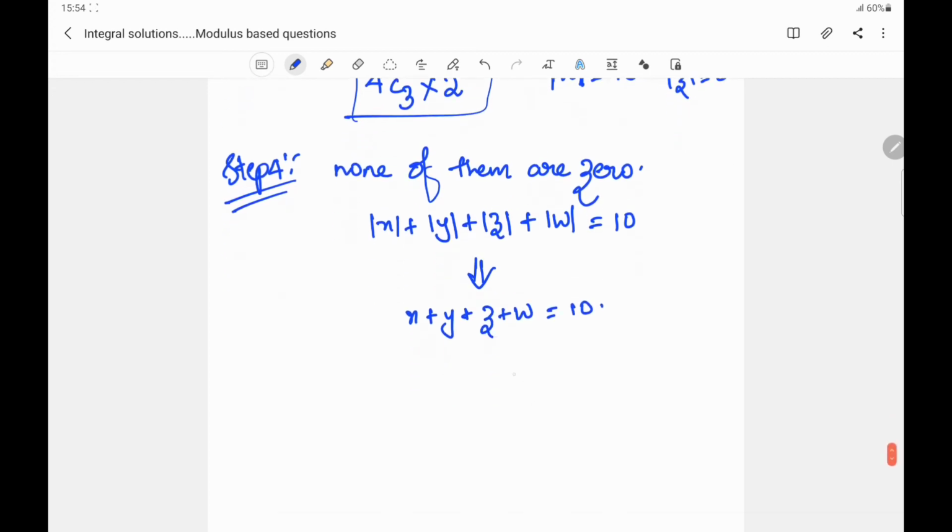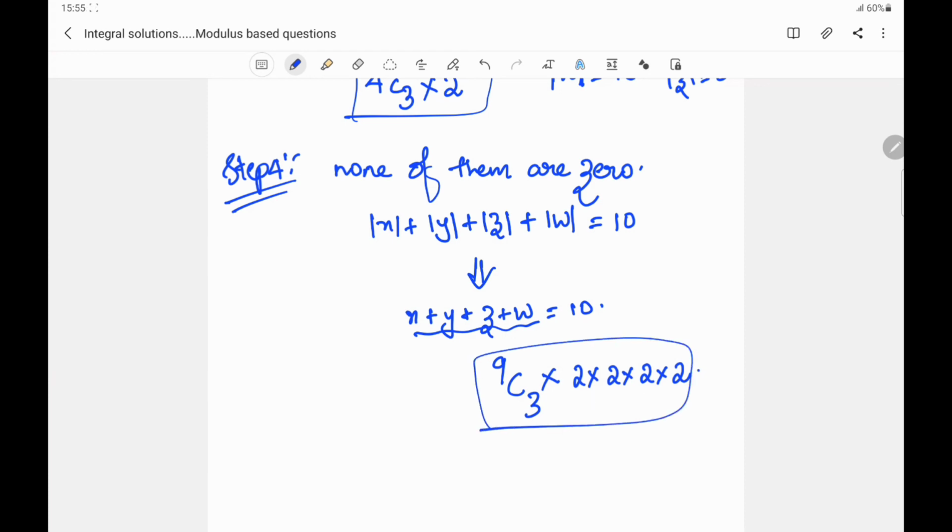So we are having 9 gaps. We need to select 3 gaps because there are 4 variables, and then the impact of positive and negative integers in each variable we have taken here.